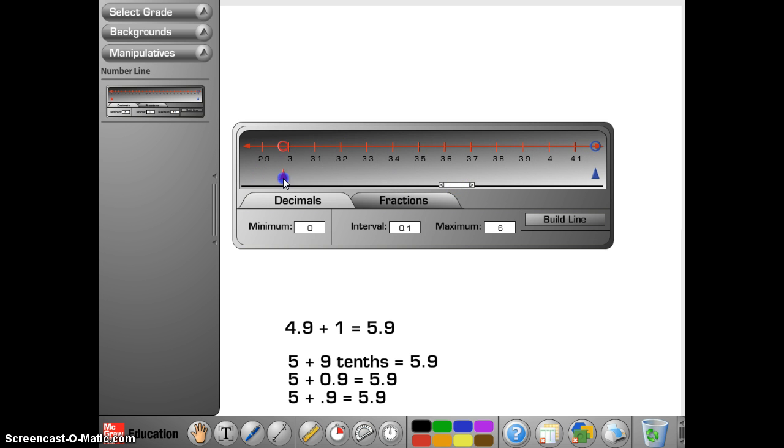And from 3 to 4 is another whole. So let's see. I should write my thinking down as I'm doing this. 2 plus a whole plus another whole gets me to 4. Plus another whole gets me to 5.